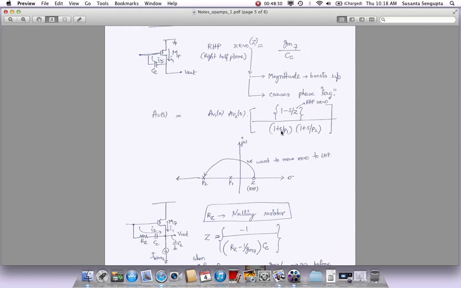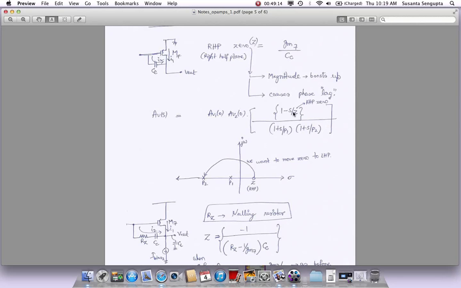If you take S and present it as j omega to see how the magnitude and the phase change with omega, a minus S here is almost similar to saying I have another term here of 1 plus S by something, in terms of the phase. That is only true in terms of the phase. I'm not talking in terms of magnitude.